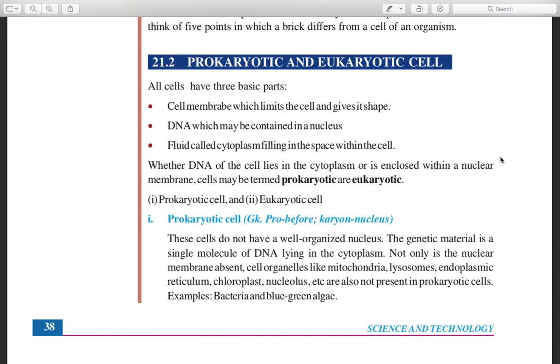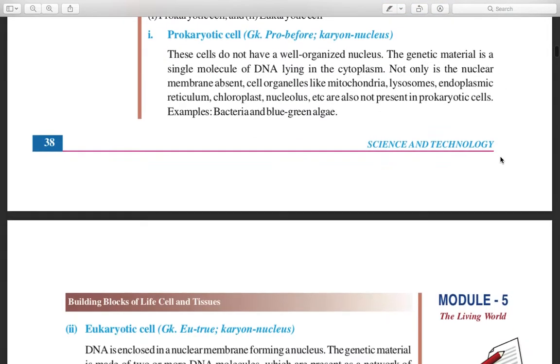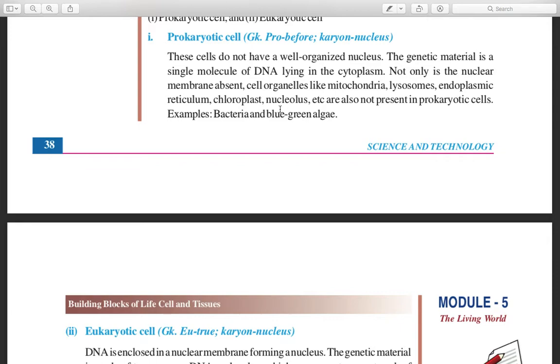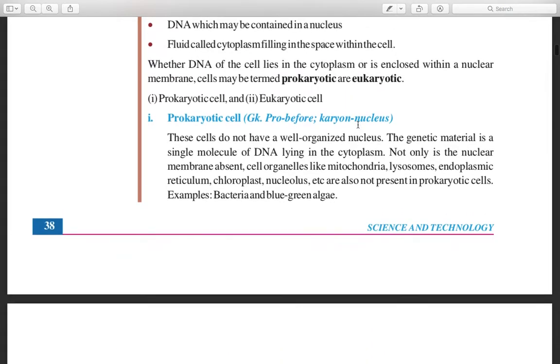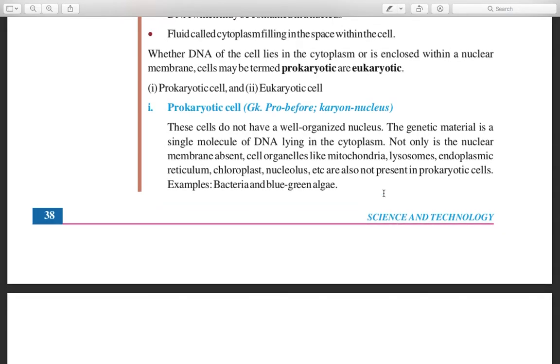Inshallah, we will see more about the prokaryotic cell and eukaryotic cell. When we talk about prokaryotic cell, it is from a Greek word. Pro means before and karyon means nucleus. As I said, prokaryotic cell means the DNA will not be inside a nucleus.